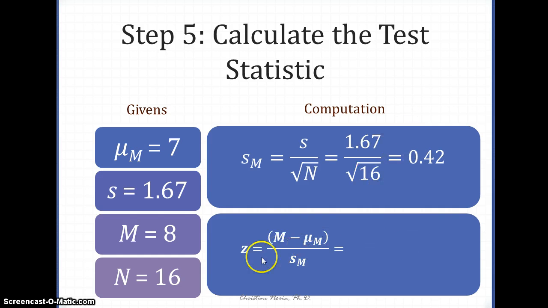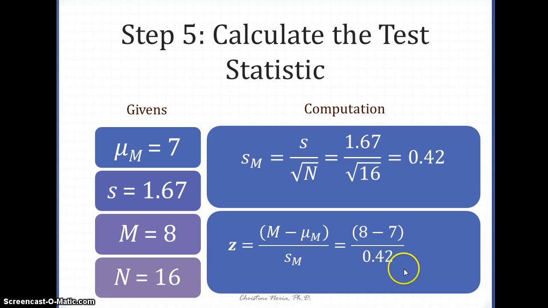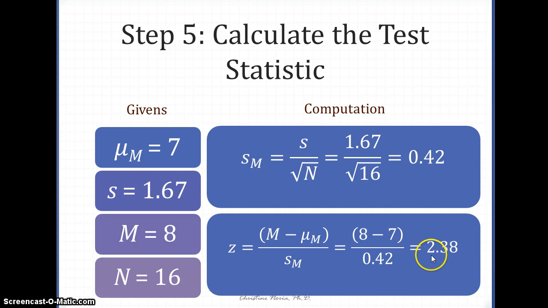Now, in order to calculate the test statistic, we take the mean of our sample, which is 8, and subtract out the mean of the population, and then divide that by the variability, which is the estimated standard error. So we take 8, subtract out 7, and divide by 0.42, and we get 2.38. So this is our calculated statistic.